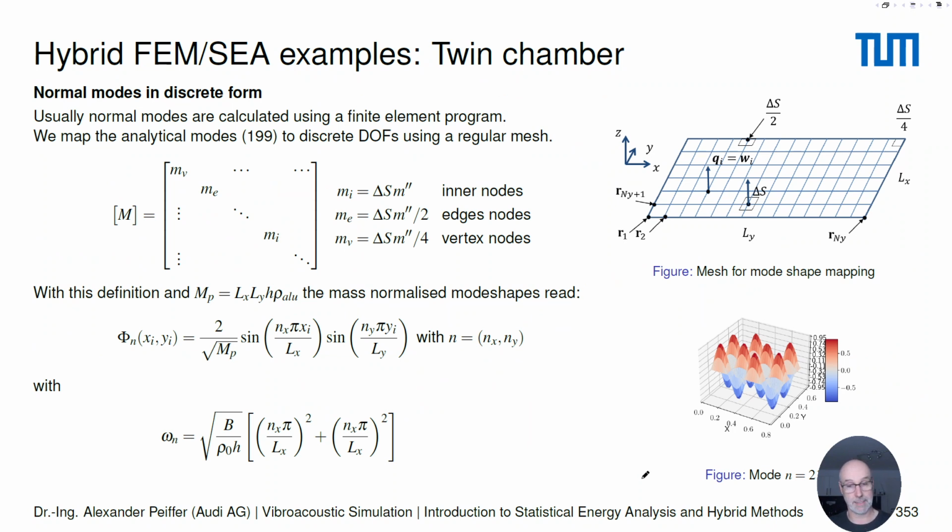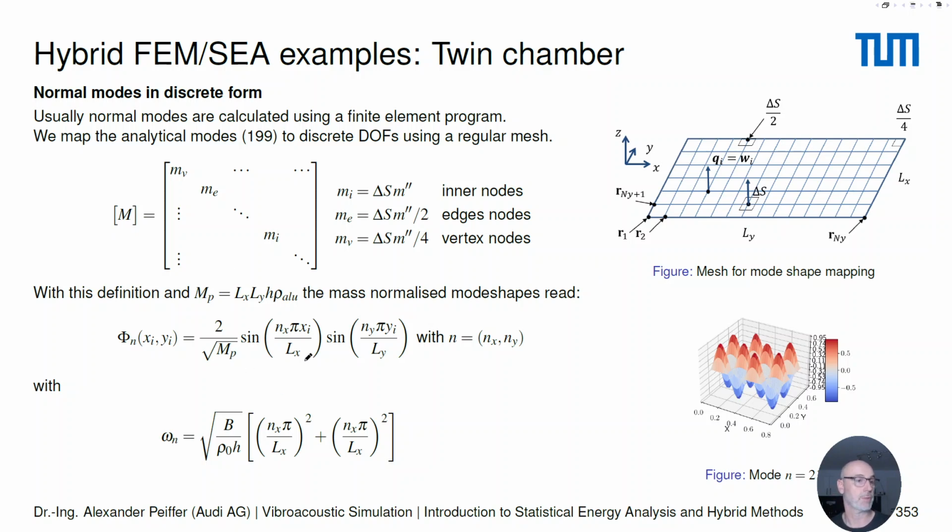What is missing is the simplified version of our mode shape. And this is quite simple. I create a mass matrix, which just uses the specific mass related to the area of the element. So it would be the full area if it's a fully surrounded place of an inner node. If it's an edge node, it will be half area, and a quarter area if it's a corner node or vertex node.